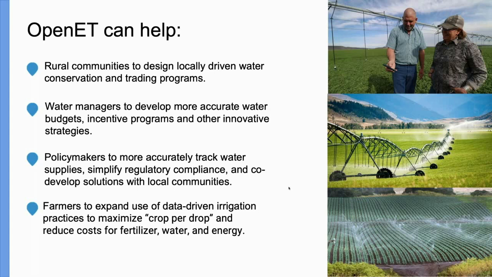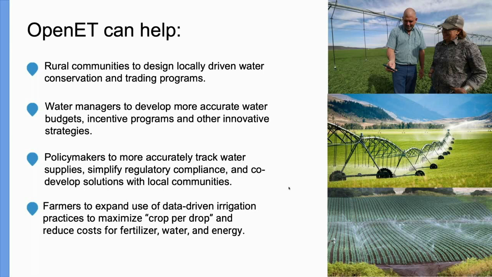OpenET has value for assisting water managers in developing more accurate water budgets, which can then be used to create incentive programs and other innovative strategies to advance water conservation at scale across the West. OpenET can support policymakers in accurately tracking water supplies. Some of our use cases have focused on simplifying regulatory compliance and reducing costs for agricultural producers. And OpenET can assist policymakers in co-developing solutions with local communities.